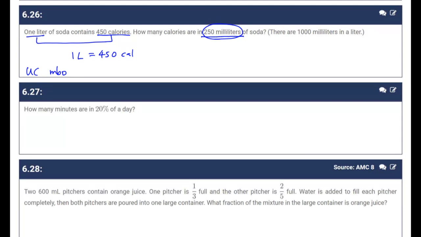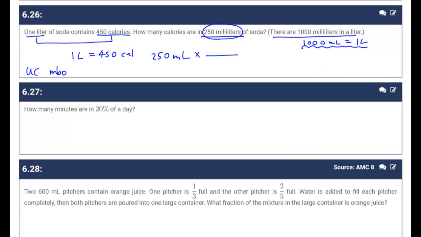So I'm going to start with 250 milliliter, which is given, and well, they give us one more conversion factor. They said 1000 milliliter equals 1 liter. We kind of knew that, but I guess we can use it right now because I'm going to multiply by 1 using conversion factor, right?